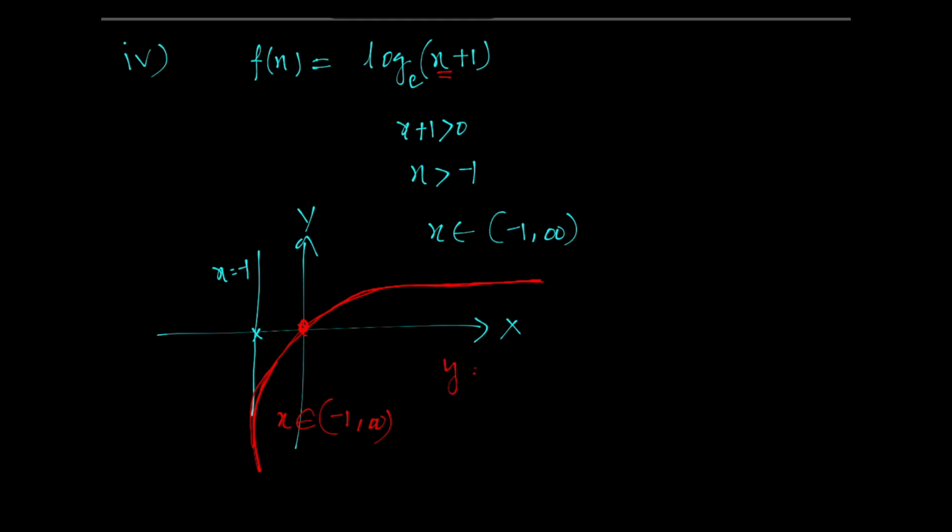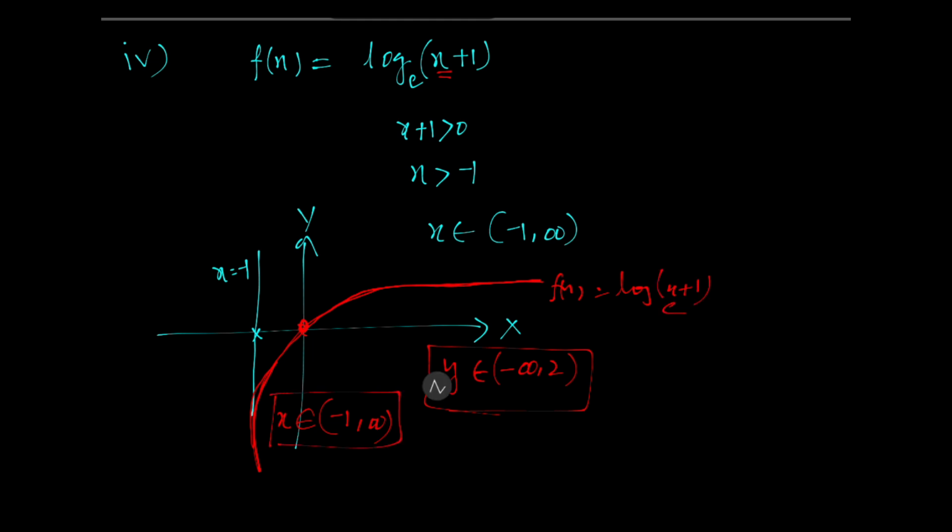The values of y range from minus infinite to plus infinite. So the range of my function f of x equal to log of x plus 1 base e is y from minus infinite to plus infinite, and x belonging to minus 1 to plus infinite is my domain. I hope you understand the concept of domain and codomain.